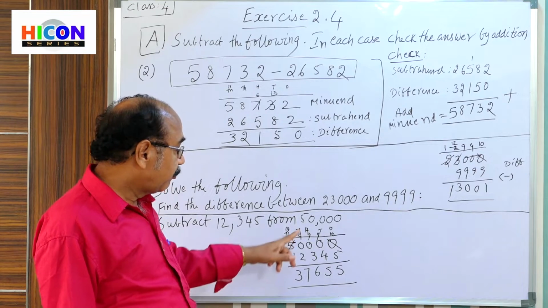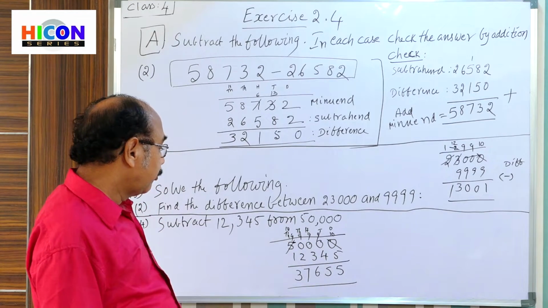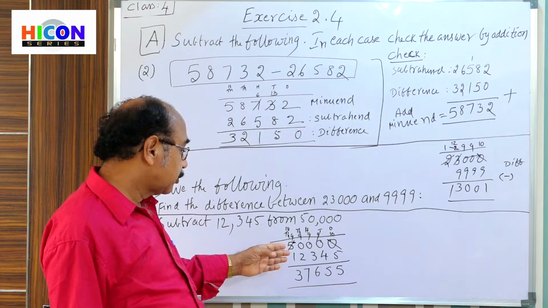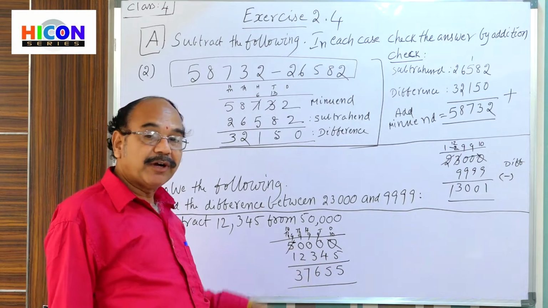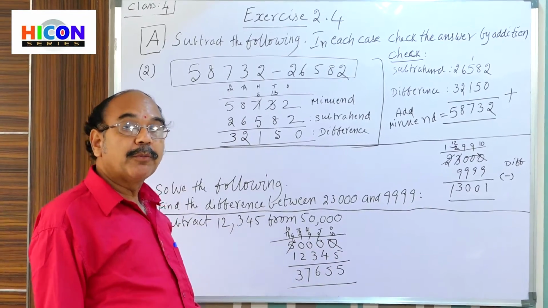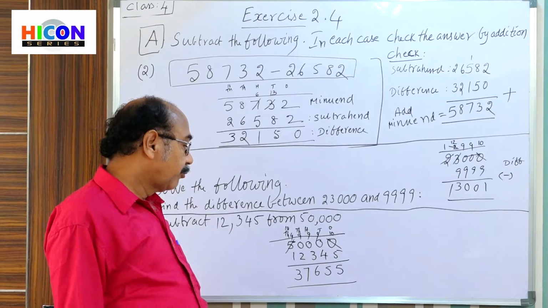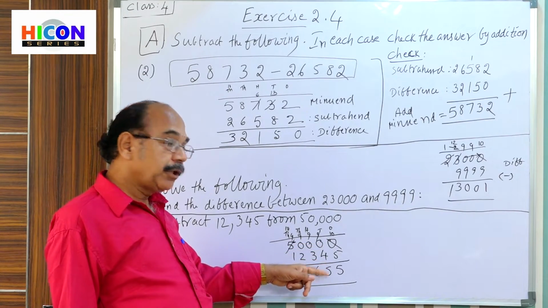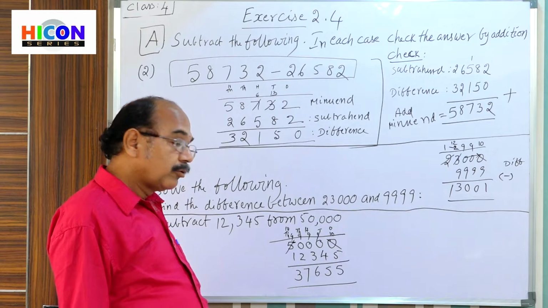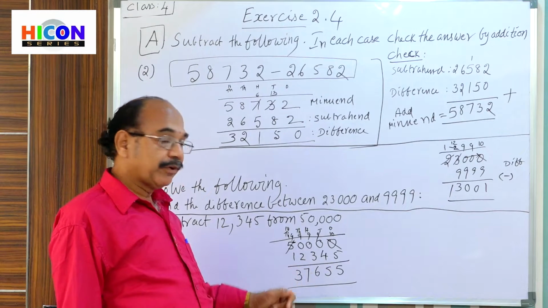That's why we write 50,000 first. Under this we write 12,345. So this is the big number, this is the small number. From the big number we subtract the small number. So we get the difference.